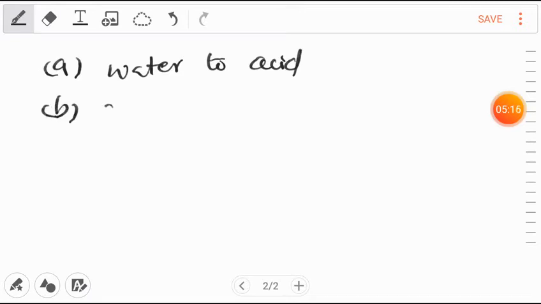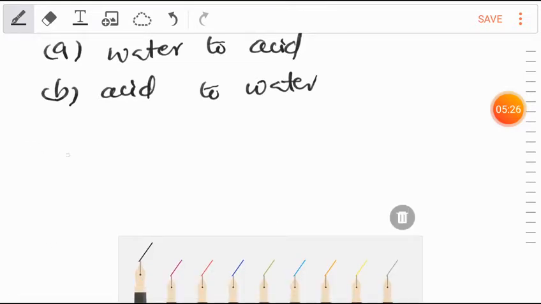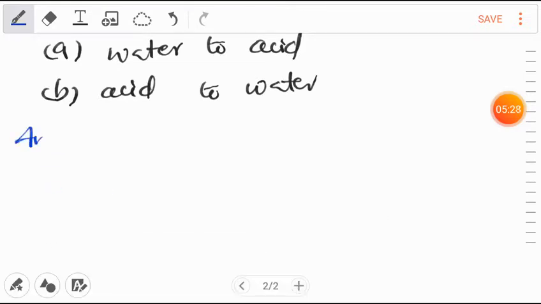Option B, acid to water. So what is the right answer? The answer is B. Why? Because acid to water. So in the experiment also we took 50 ml of water, and 5 ml of acid we slowly added.